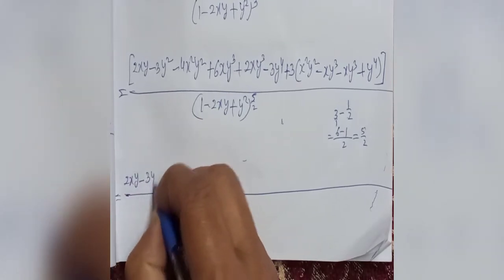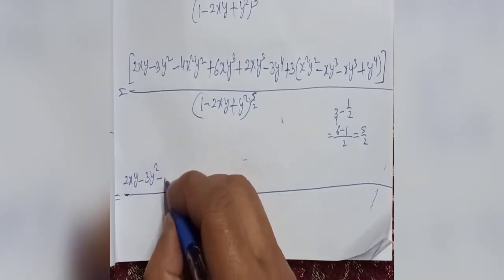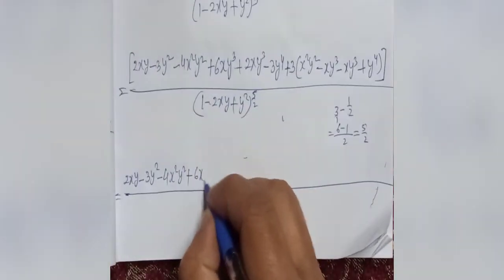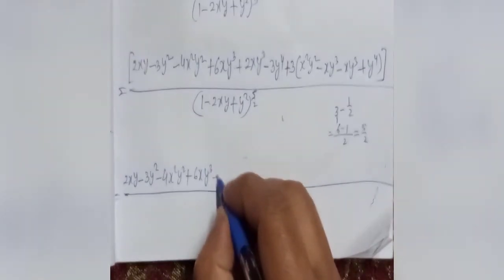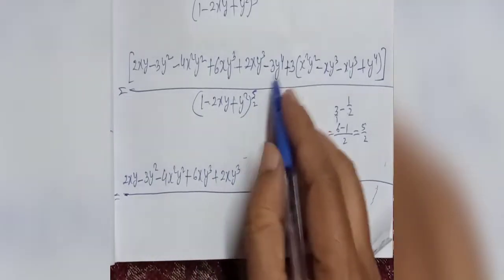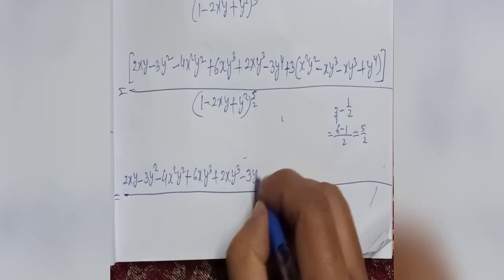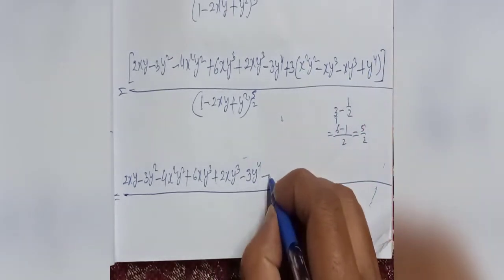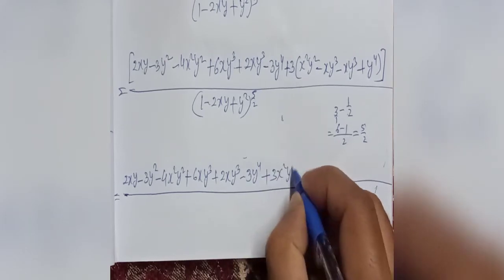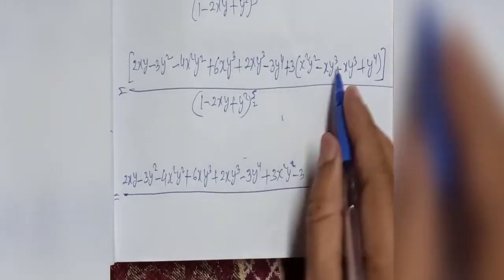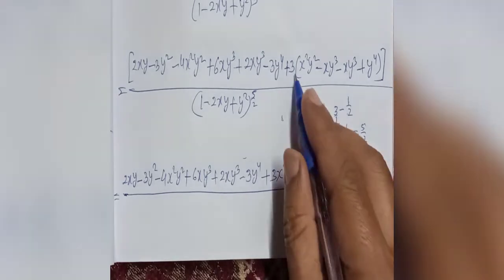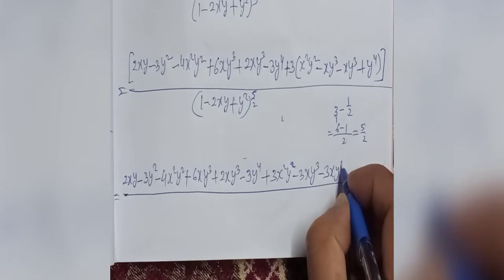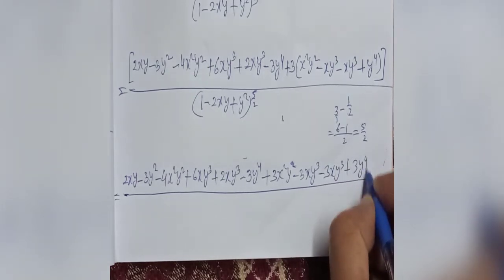2xy − 3y² − 4x²y² + 6xy³ + 2xy³ − 3y⁴, multiply 3 to these terms, we get 3x²y² − 3xy³ and −3xy³ + 3y⁴.